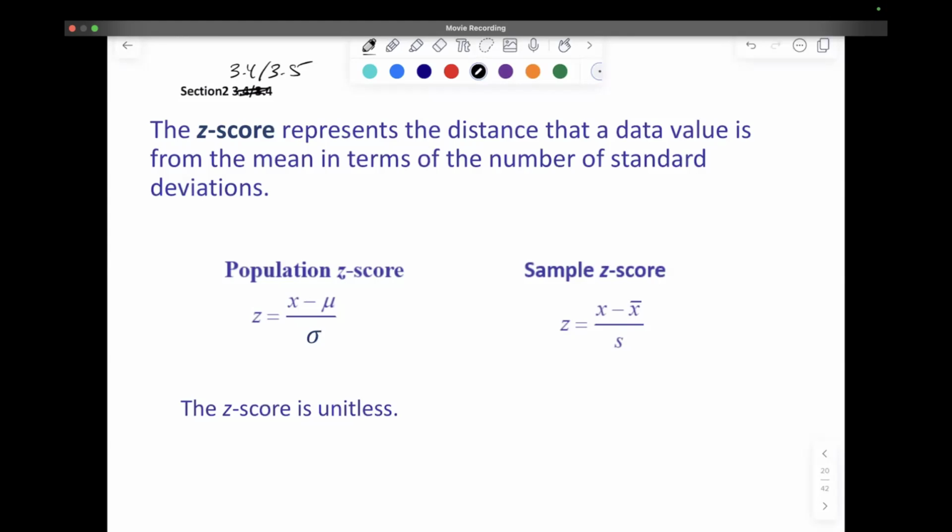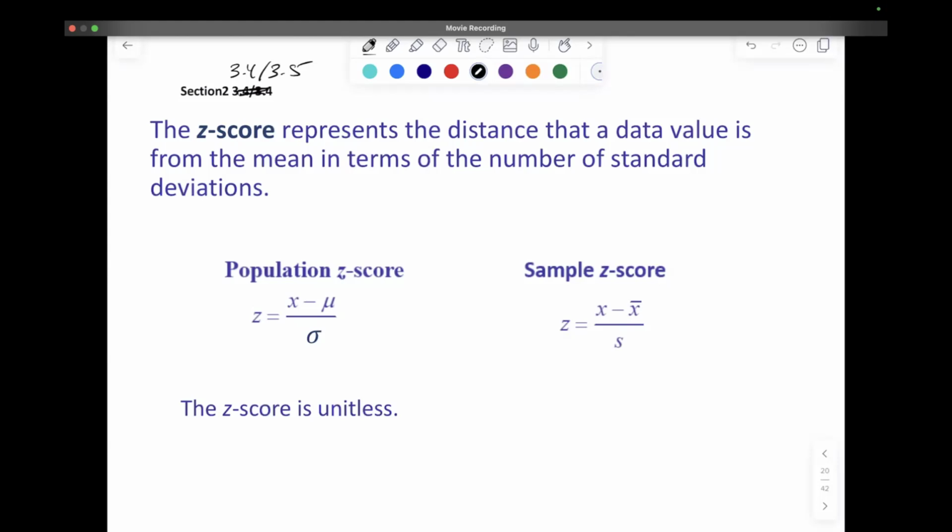The average test score in one class was 78%, and the average test score in the other class was 85%. Saying that somebody had an 88% test score in the class that scores better doesn't mean as much unless I'm saying the z-score on that one is 1.8, whereas somebody got an 83 in the other class and that z-score is 2.3.